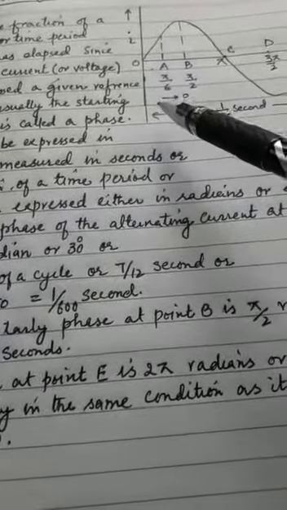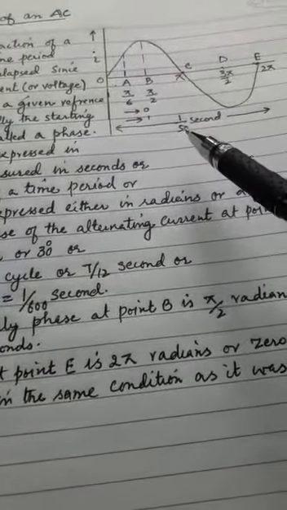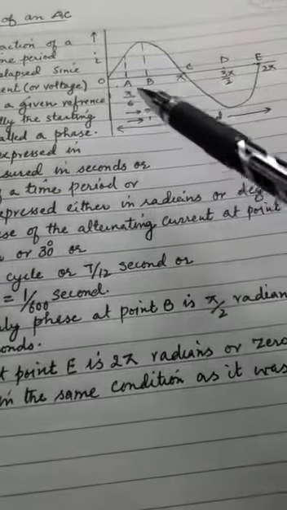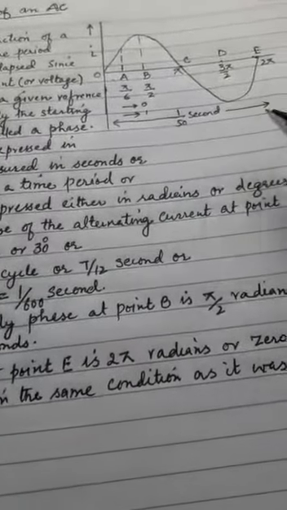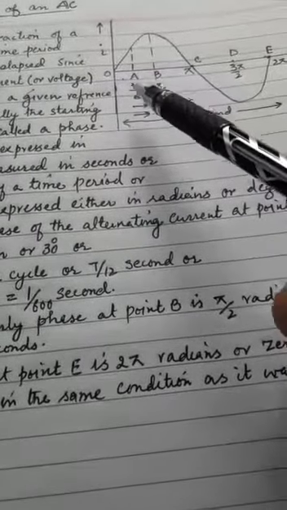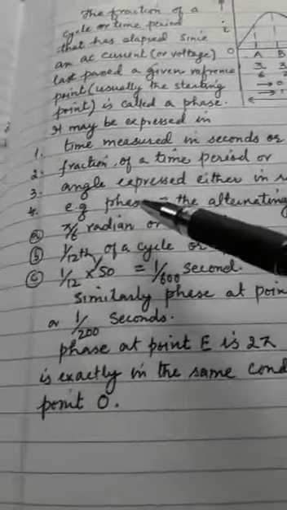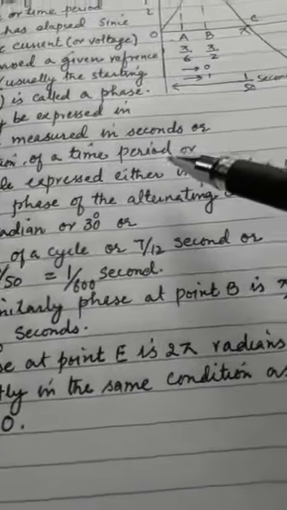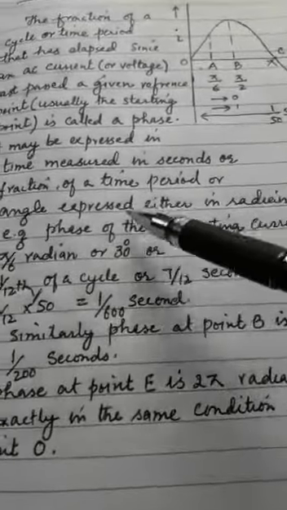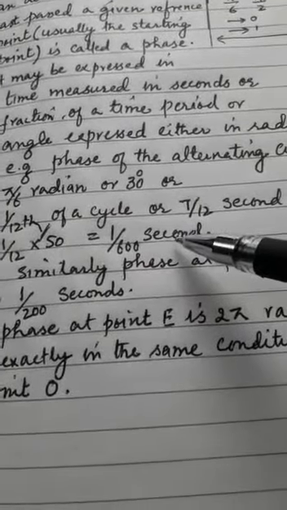That's why 1 by 12th is multiplied by 1 by 50th, the total time taken by a complete cycle from initial to final point. When we multiply 1 by 12th by 1 by 50th second, that will be 1 by 600 seconds.